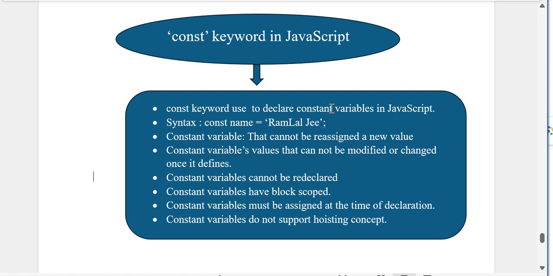That might not be explained clearly, so you might not get clarity from the first bullet point. So what is a constant variable?